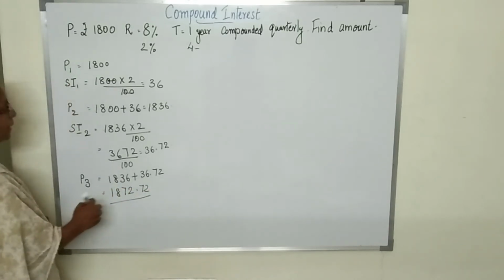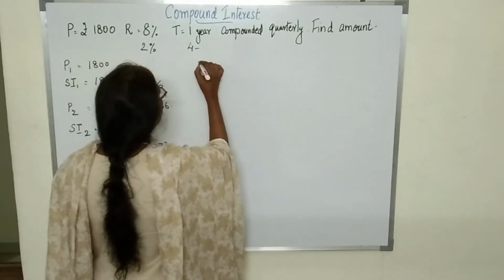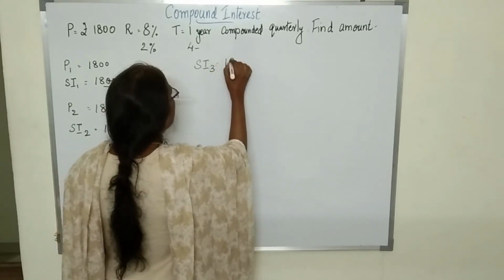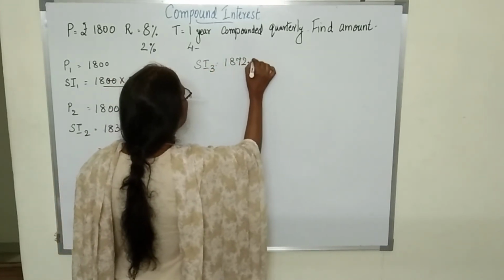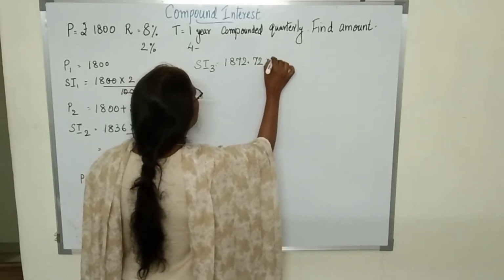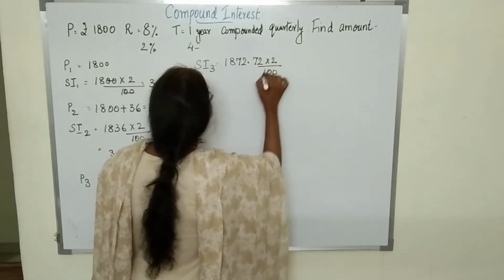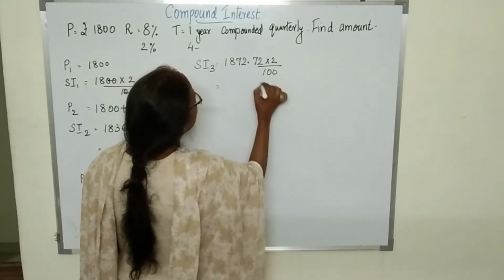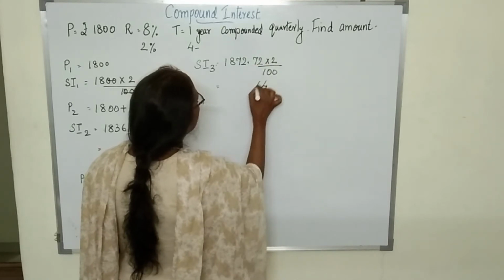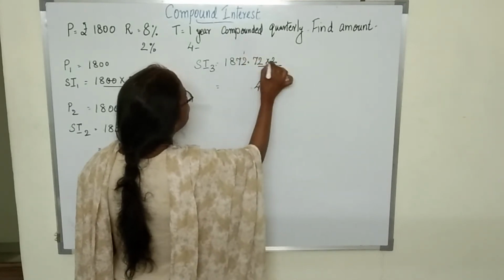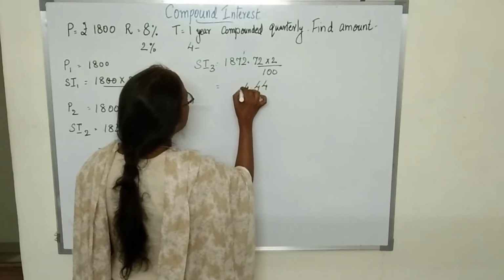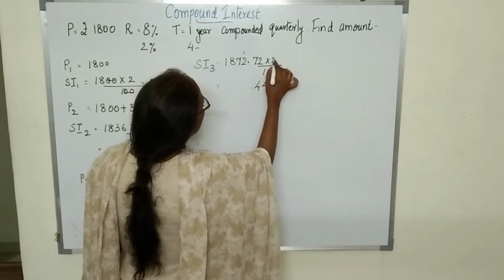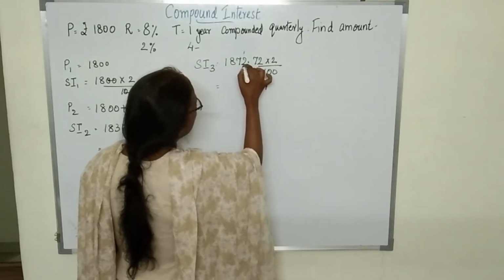That will be 1872.72. Now what will be SI3? 1872.72 into 2 upon 100, which is equal to 2 2s are 4, 2 7s are 14, then 1 carry.